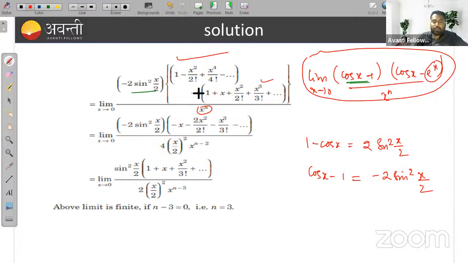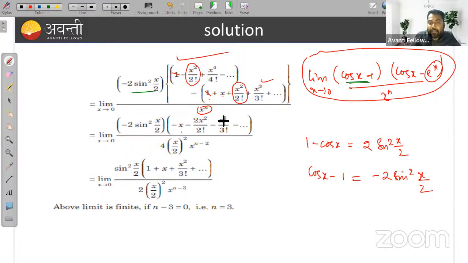So now if we subtract this series from this series, what will we get? 1 minus 1 gives you 0, the 1s cancel. Then minus x, minus 2 into x square by 2 factorial. Here we have x square by 2 factorial twice, so minus x square by 2 factorial minus x square by 2 factorial gives 2 into x square by 2 factorial.